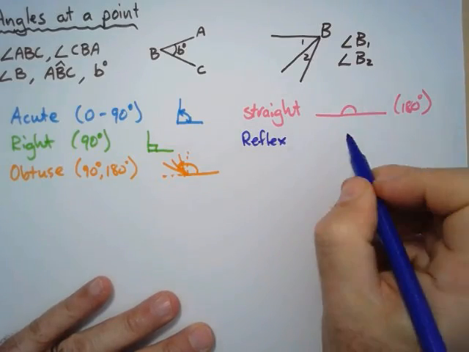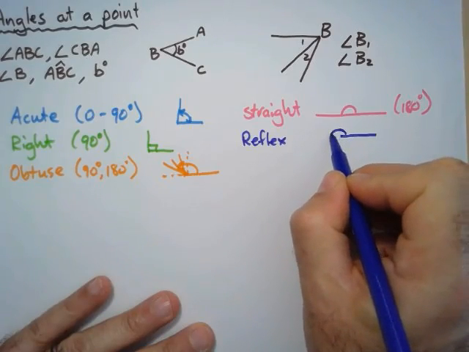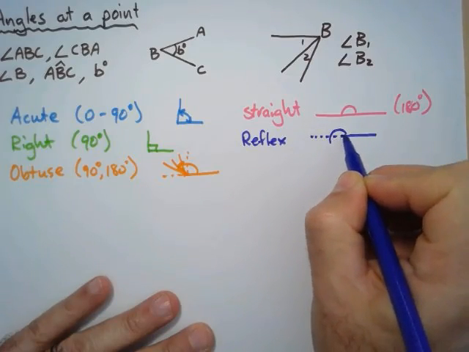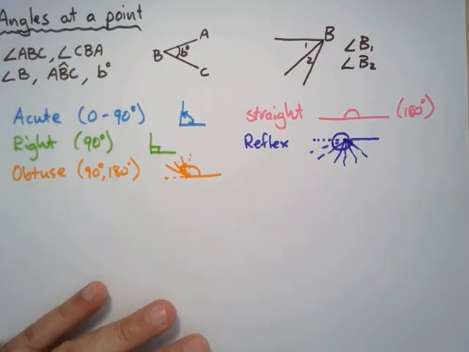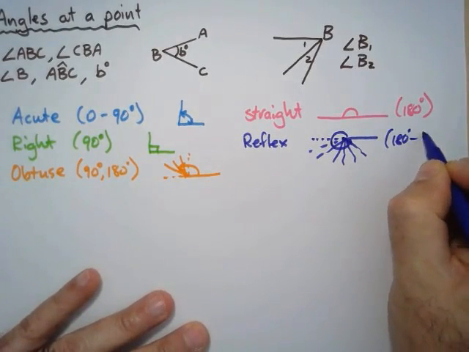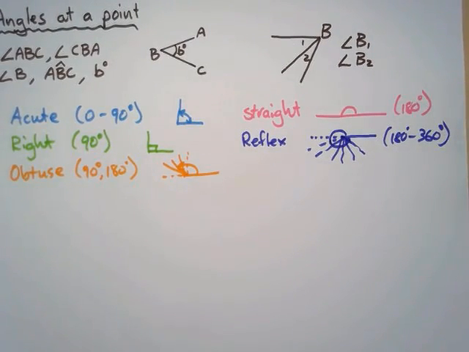A reflex angle is an angle that goes from there all the way around, anywhere from there to there. So an angle between 180 and 360 degrees will be a reflex angle.